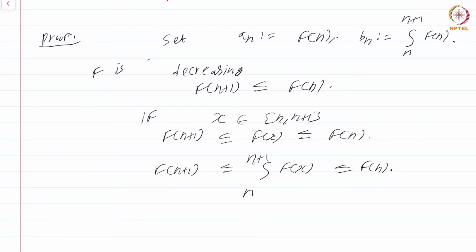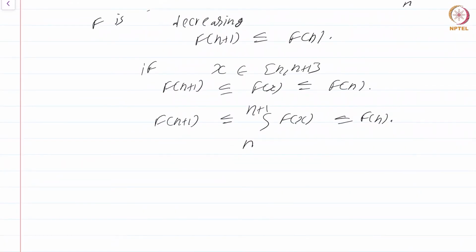Okay, now what I can do with this is translate it in terms of a_n's and b_n's. So what we get is 0 is less than a_(n+1) is less than or equal to b_n is less than or equal to a_n. Okay, so b_n is sandwiched in between a_(n+1) and a_n.